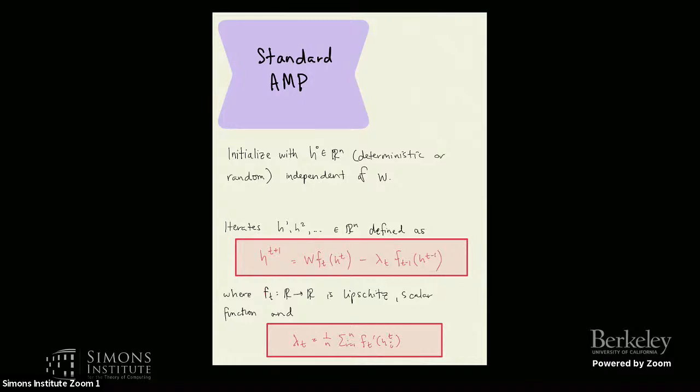All right, so what I'd like to do is understand the statistical properties of this vanilla AMP.